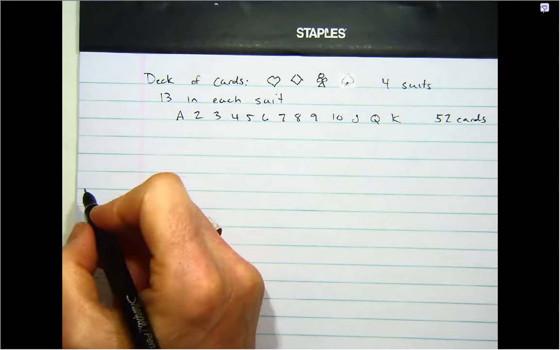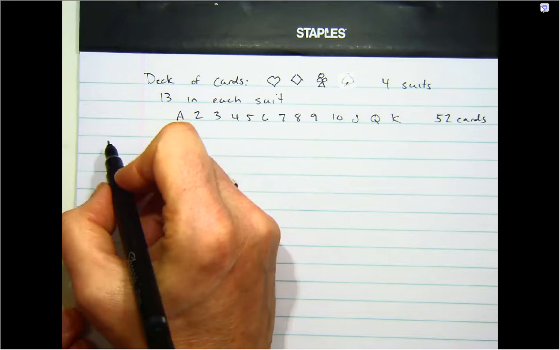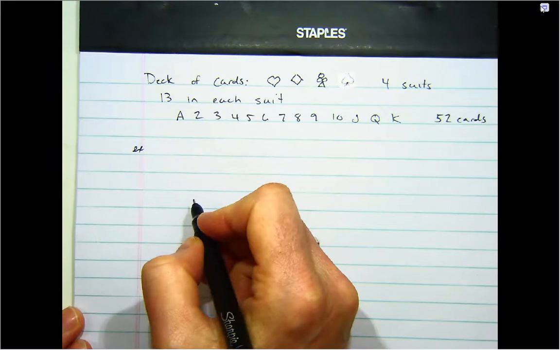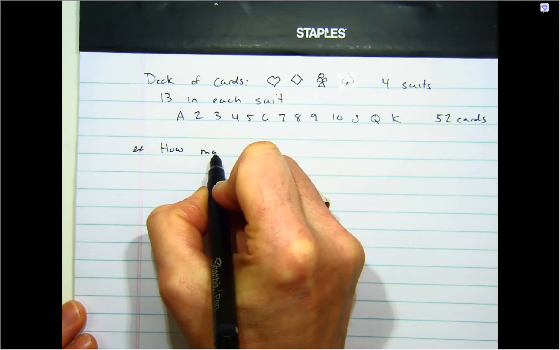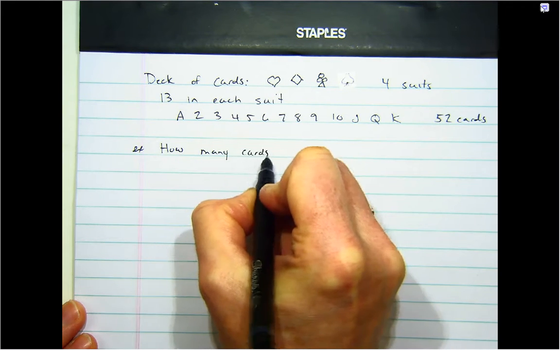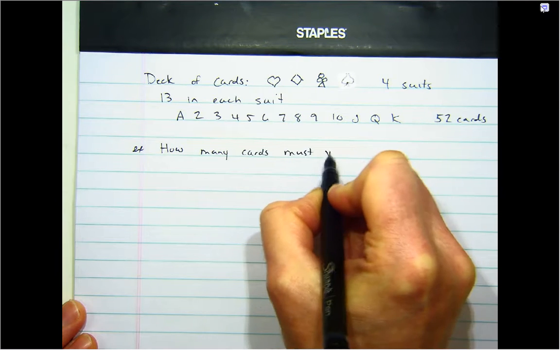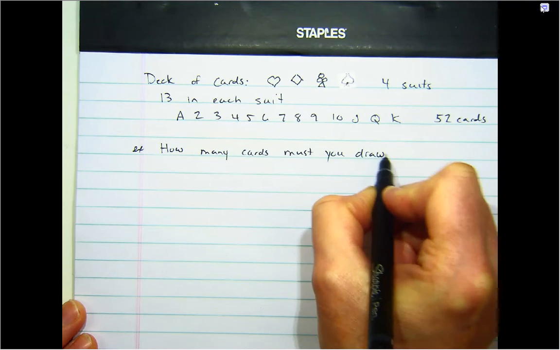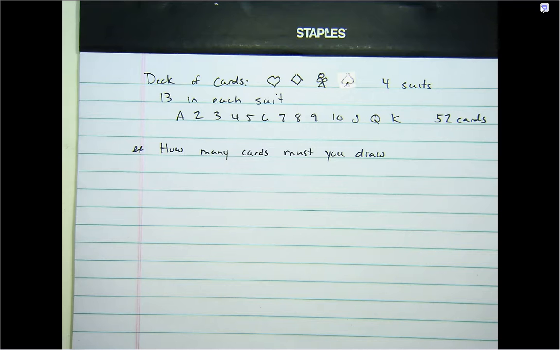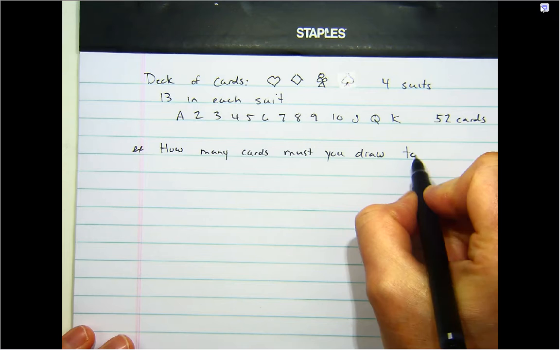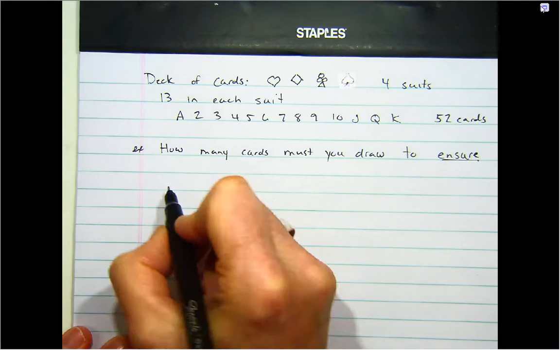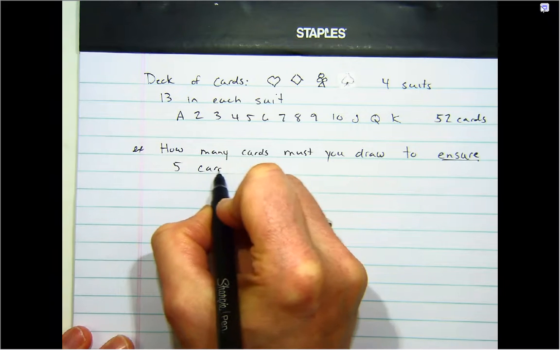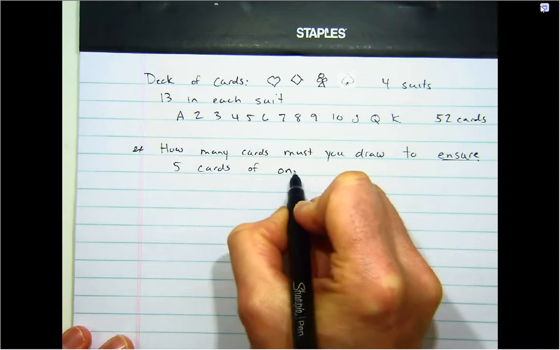So this one's going to be a little tricky. How many cards must you draw to be sure, to ensure, to be positive, to ensure 5 cards of one suit?